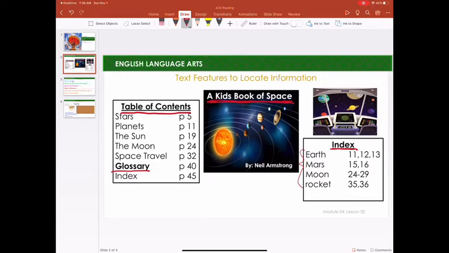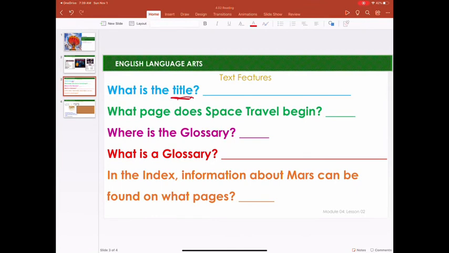Can be found on the very front cover. So that's what I'm going to write right here. Write in red, okay? A Kid's Book of Space. The title also tells us the topic of what we're going to be reading about.